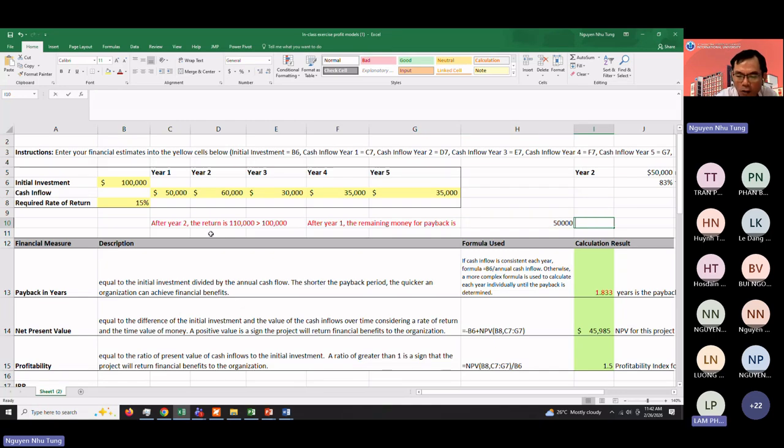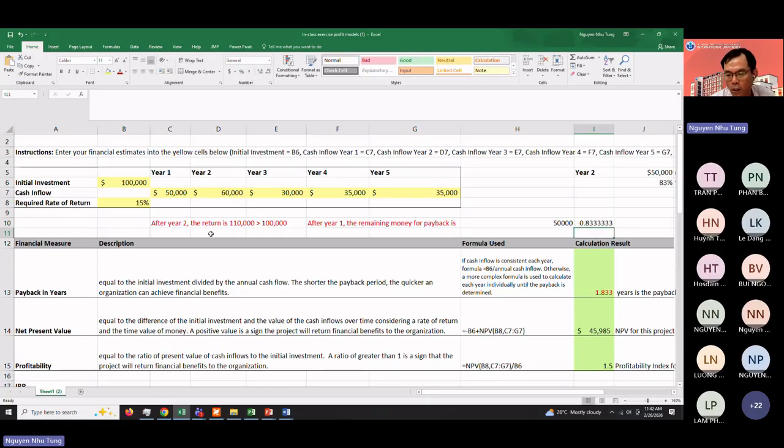So it's equivalent to 50,000 divided by the cash flow after year 2, which is 60,000. All right.